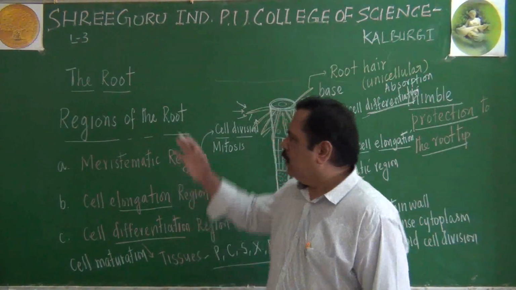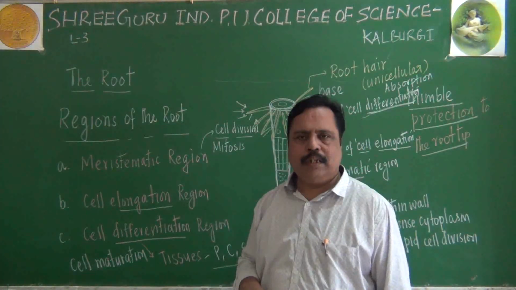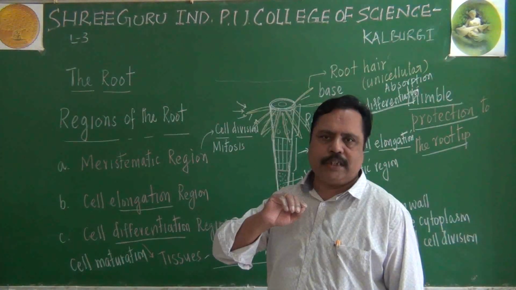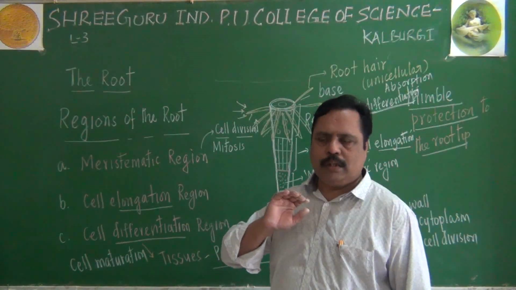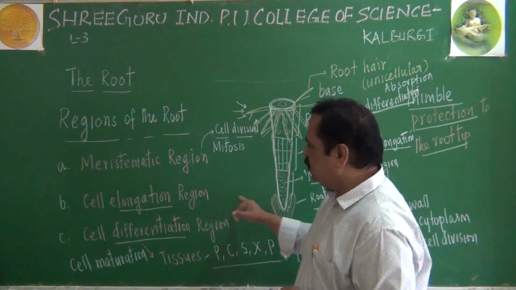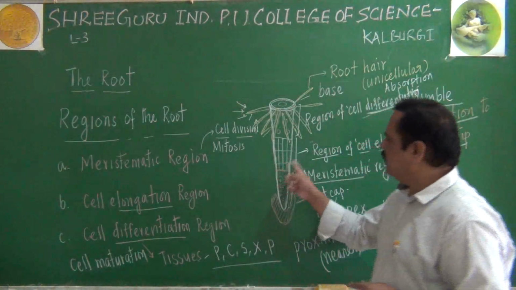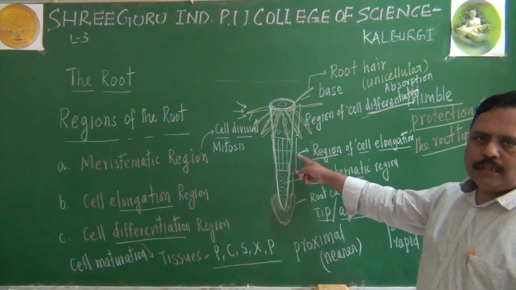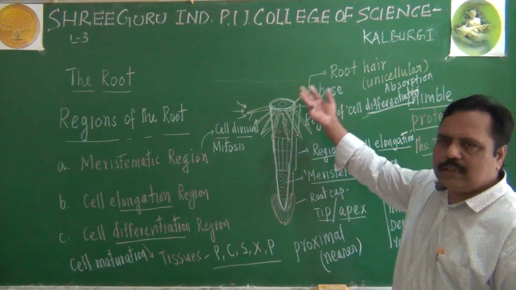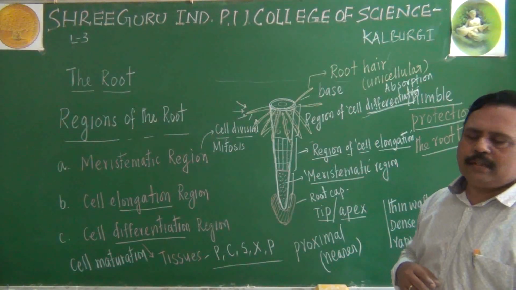Then I told you about 3 regions of the root. Remember, there are 3 major regions in the primary root. Towards the tip, the root apex, we have the region of meristem. The middle region is called the cell elongation zone. Towards the base, we have the region of cell differentiation.